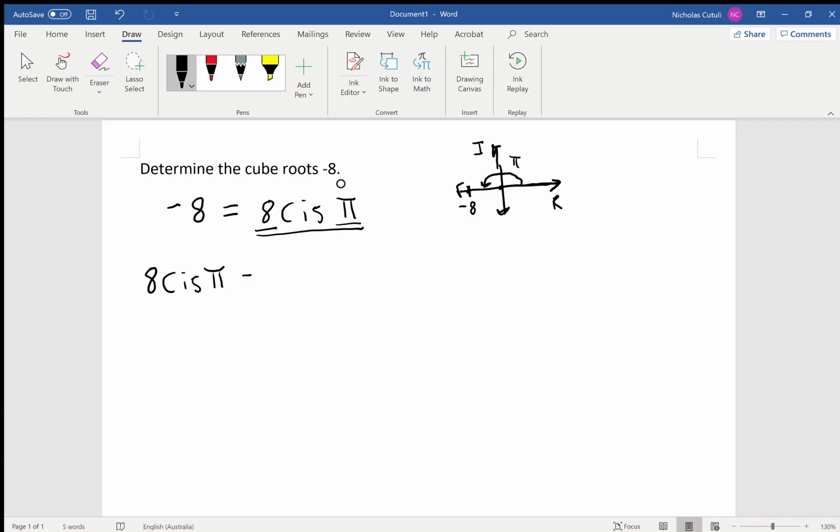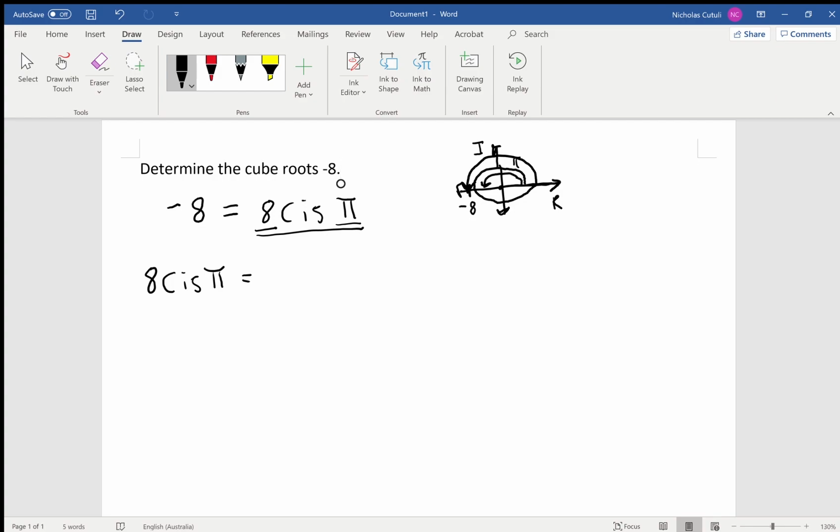All right. I could also write it as 8 cis 3 pi's. So there's 1 pi, 2 pi's, 3 pi's, and we end up at the exact same place. Okay, so I could use that angle instead. I could use a variety of different angles and still arrive at that same location. Okay, I could use 5 pi as well.